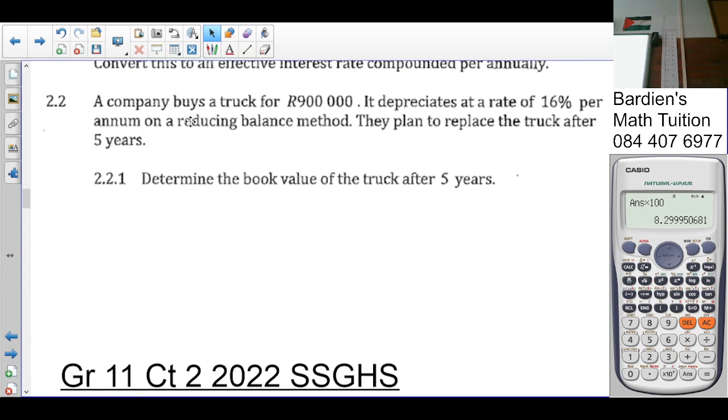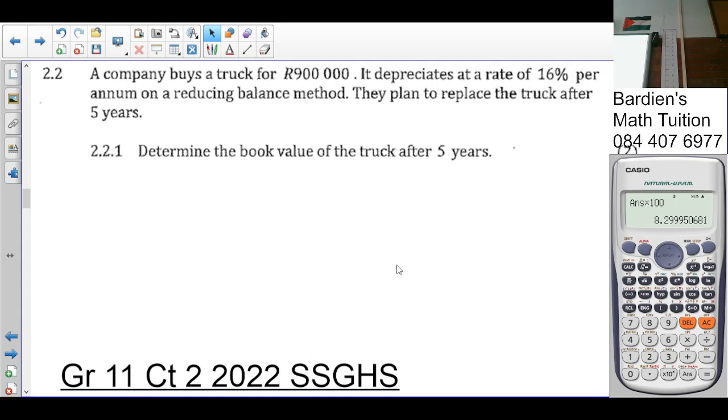We are told that the company buys a truck for 900,000 rand. It depreciates at a rate of 16% per annum on the reducing balance method. Reducing balance method follows the formula A is equal to P into 1 minus i to the exponent n. They plan to replace the truck after 5 years. The question says in 2.2.1, determine the book value of the truck after 5 years.